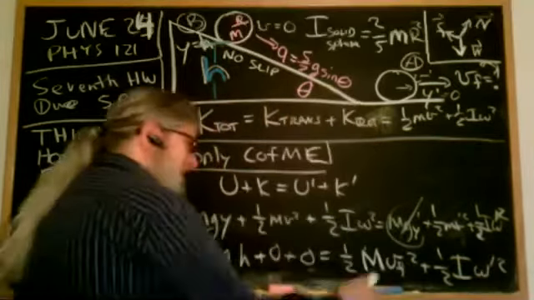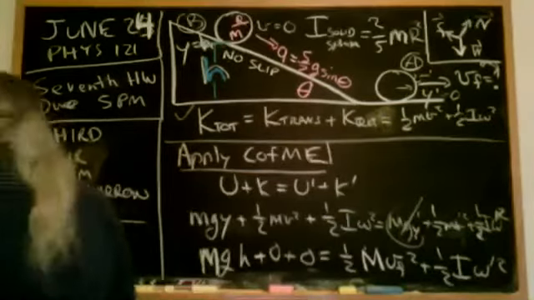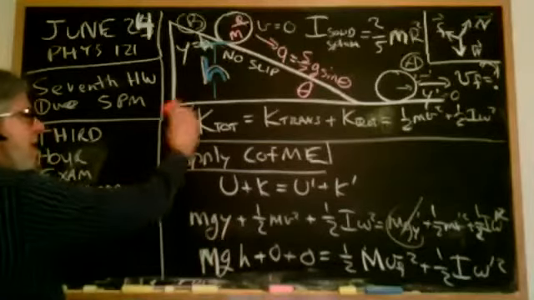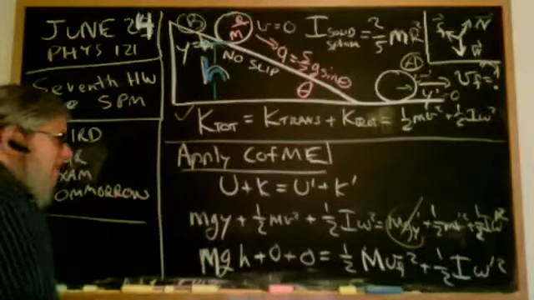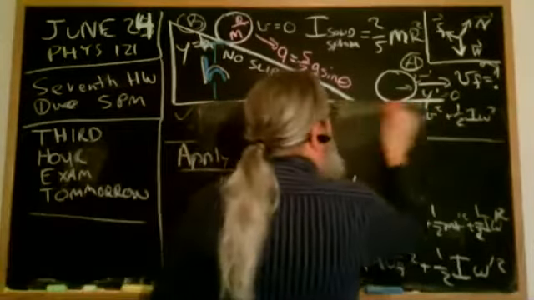So we have to basically contend with this omega prime. How do we do that? I'm going to finish the work here, so I'm going to erase this equation and then basically finish it.